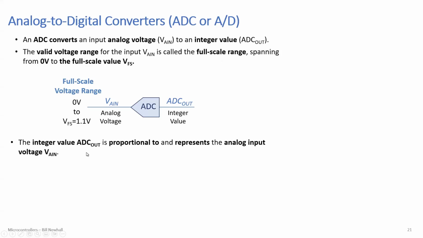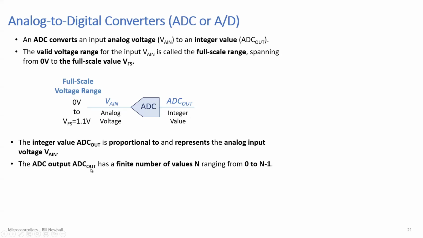On the right, the integer value ADC out is proportional to and represents the analog voltage A in. So on the right side, you're going to get just a digital value, a binary value inside your microcontroller or at the output of a separate ADC that represents the analog voltage across the whole range from 0 to VFS in this case.